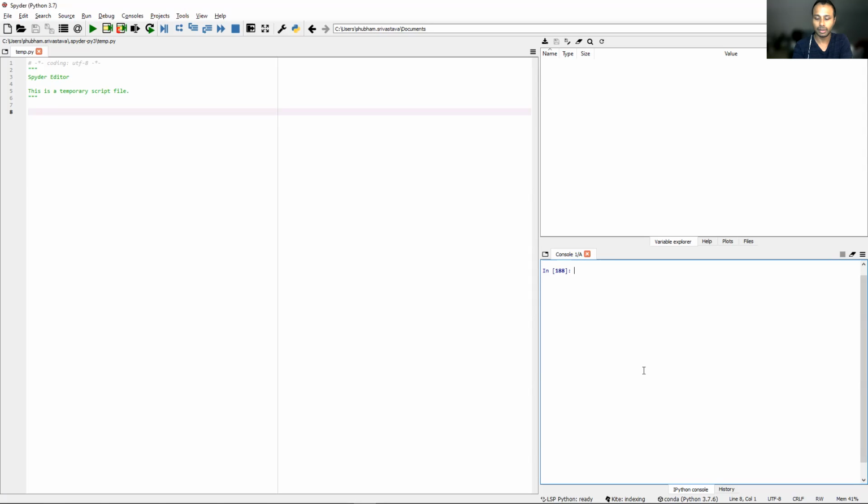Let's go ahead and let me first import Cantera as CT. Let me define a phase, gas equals CT dot Solution, GRI 30 dot YAML.